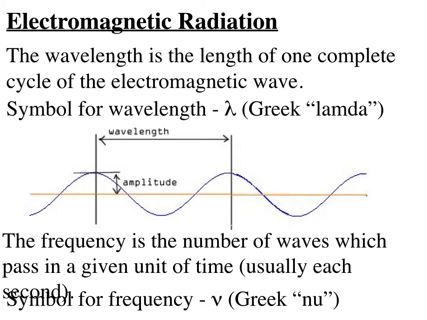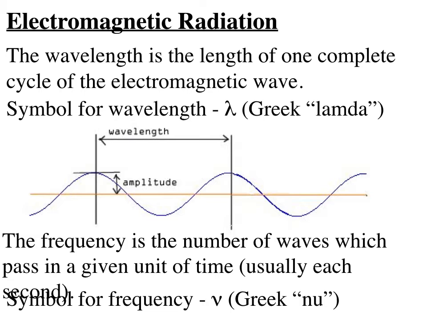It's measured typically in meters, but that's usually too big for light, so we will divide it up using our metric prefixes into, say, micrometers or nanometers or things of that sort, so that we can fit them on scale a little better. Now, instead of measuring the wavelength, we can also measure the so-called frequency. And what does the frequency mean?